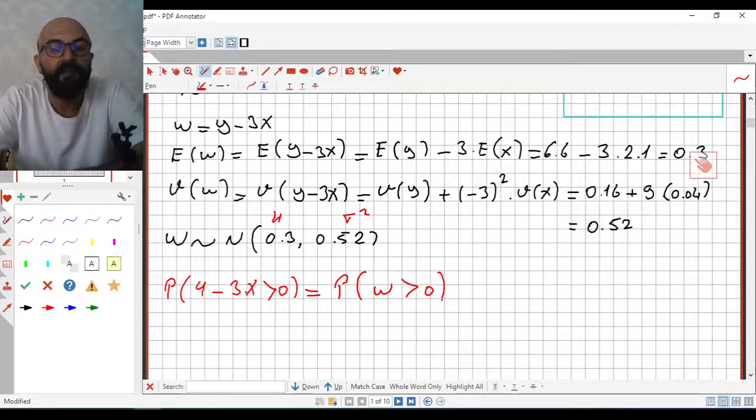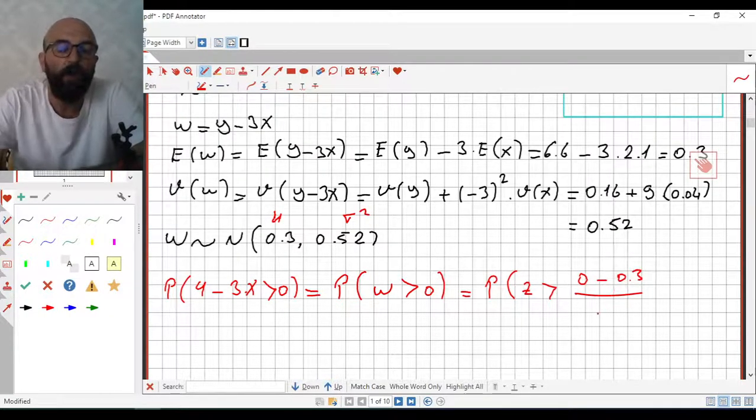Now we need to convert to the z value. So it means the probability of z greater than w, 0, minus mu, 0.3, over the standard deviation, or sigma.